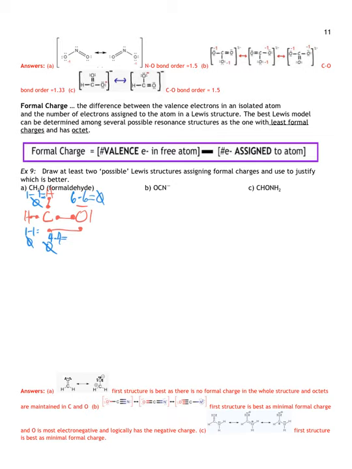Now let's look at the second structure. When I draw the second structure, I'm going to redraw a different possible structure. So again, I start off with all my atoms, and I position my atoms where I originally had them in the previous structure.